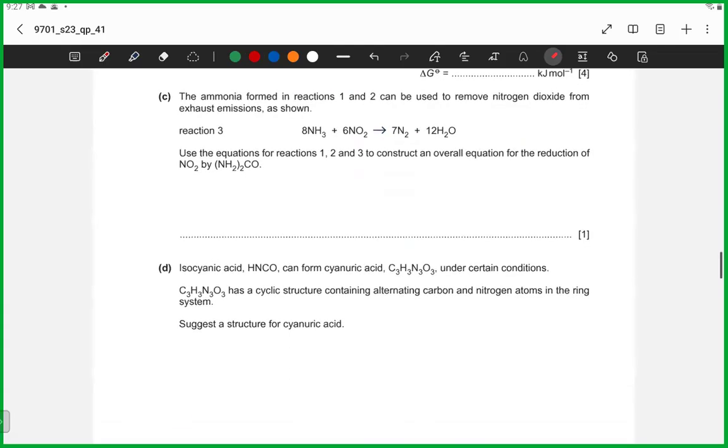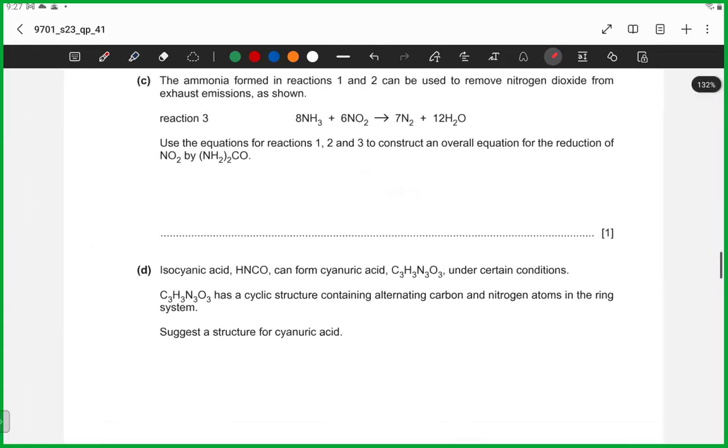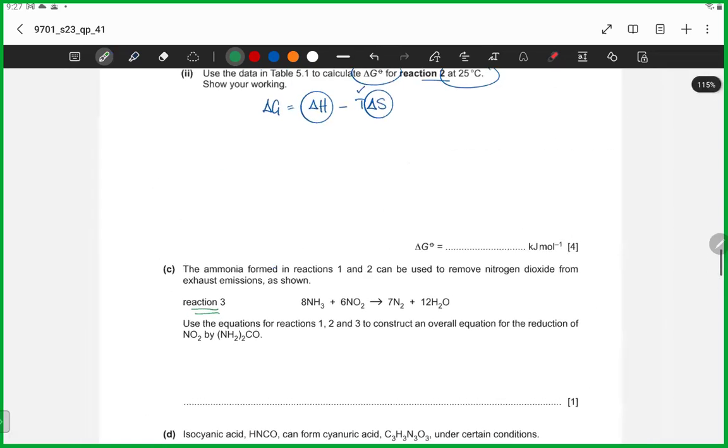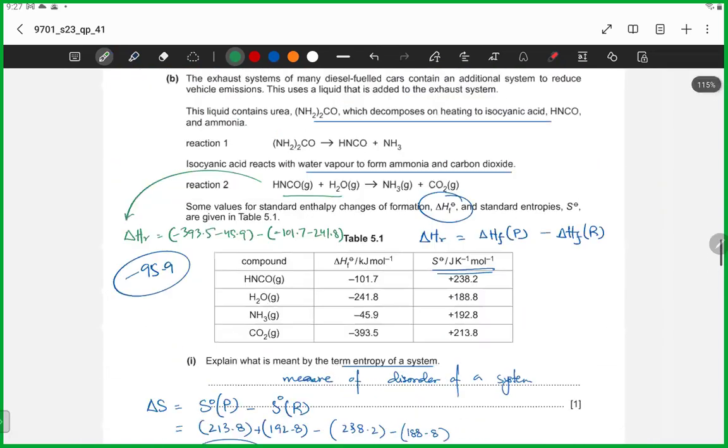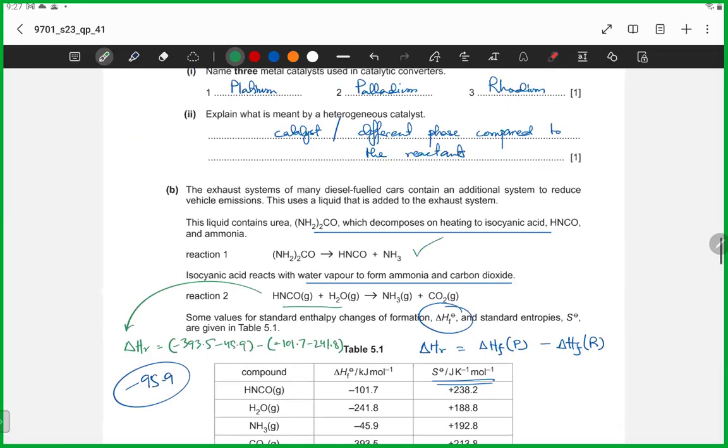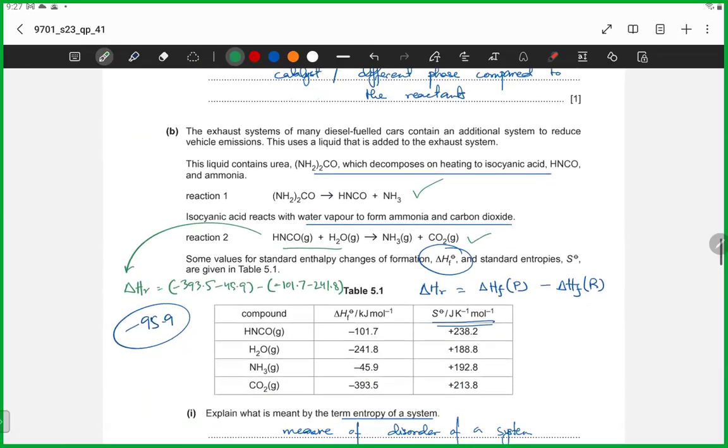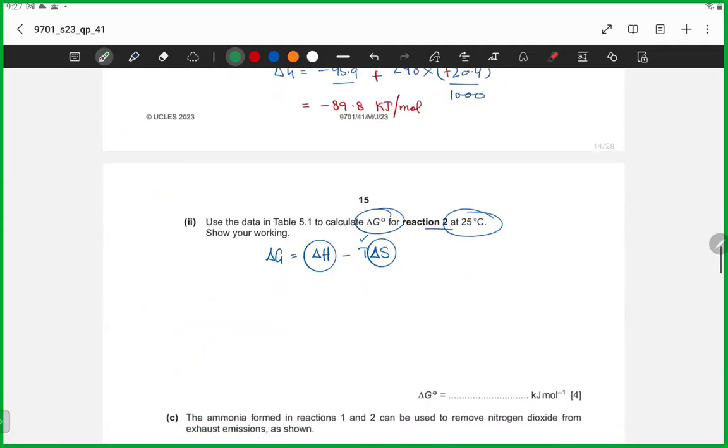So next one, you've got ammonia formed in the reaction. Use the equations for reactions 1, 2, and 3 to construct an overall equation for the reduction of NO2 by NH2CO. So there's a reaction 3 happening as well. The overall process is that you had reaction number 1, then reaction number 2, and then reaction number 3 as well.